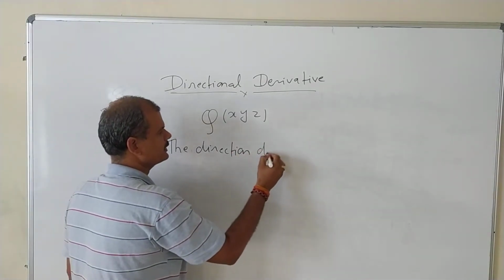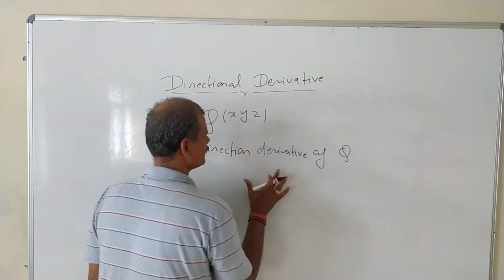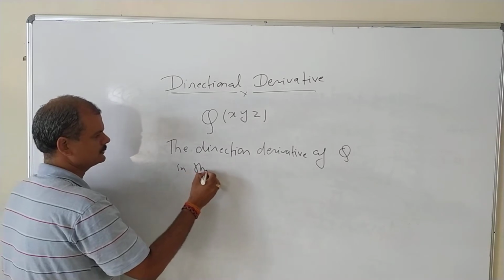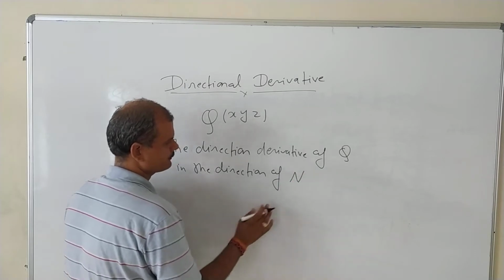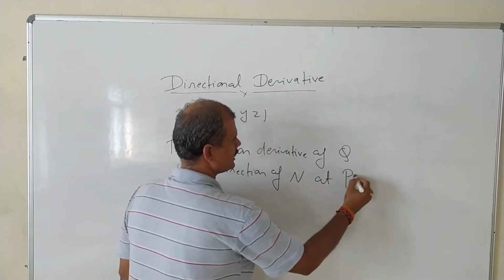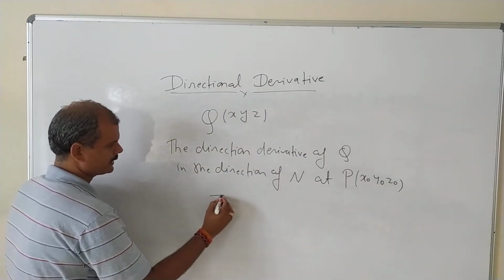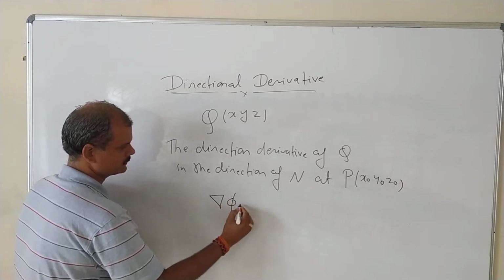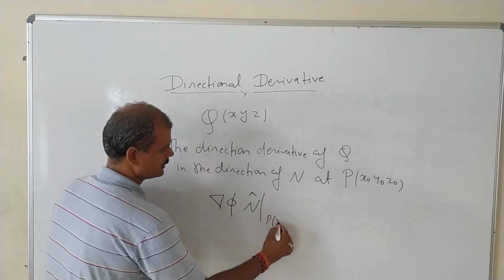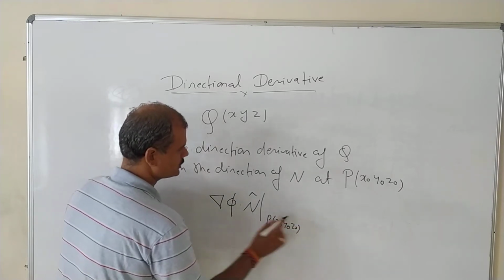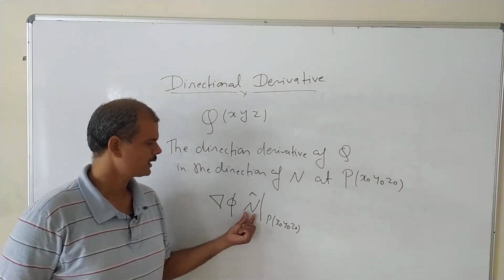So the directional derivative of phi in the direction of n at some particular point P (x0, y0, z0) is the gradient of phi into n cap at the point P (x0, y0, z0). What is this n cap? N cap is the unit direction.